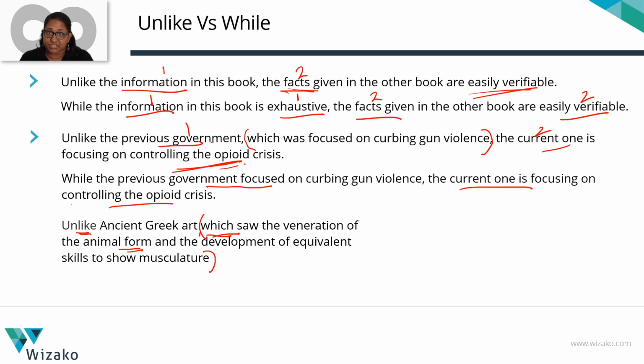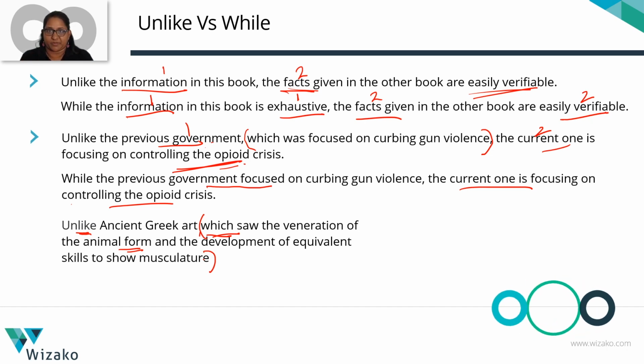then it would have sounded as if you're comparing both Greek art and Roman art on the basis of how they are depicting gods. Ancient Greek art did not depict gods as idealized humans, Roman art did. And that the Greek art saw the veneration of the animal form would have become like an afterthought to the sentence. Just a little bit of extra information thrown in.